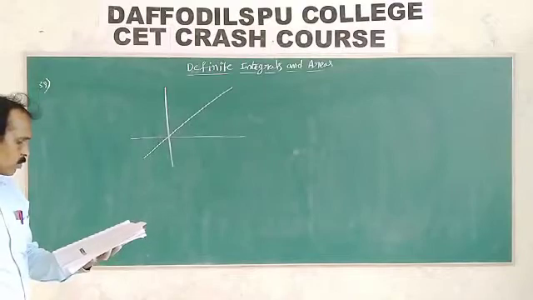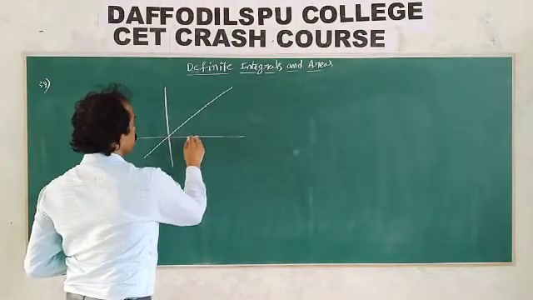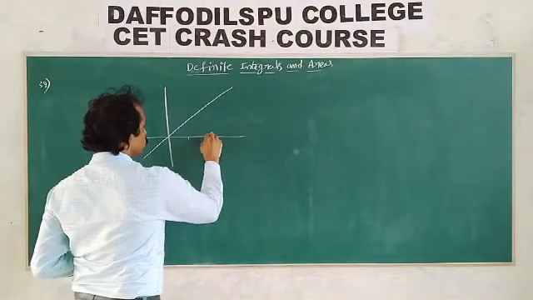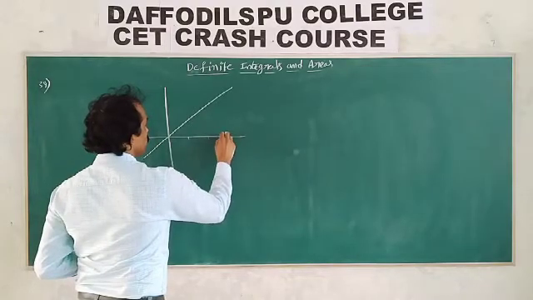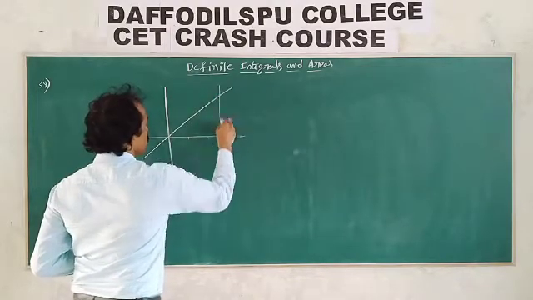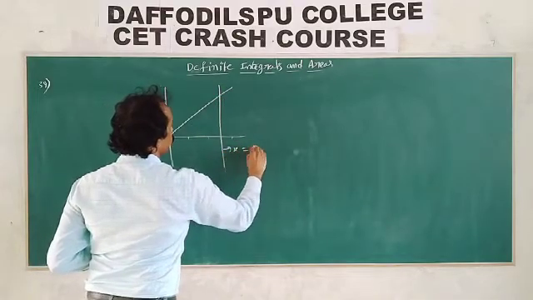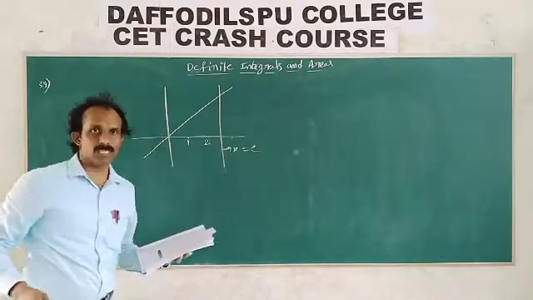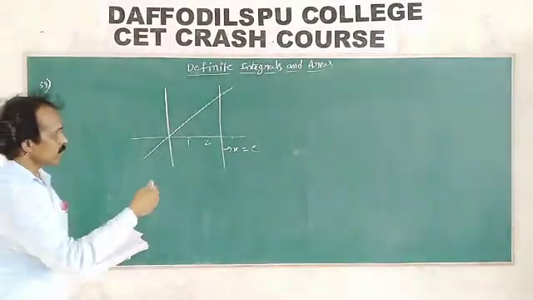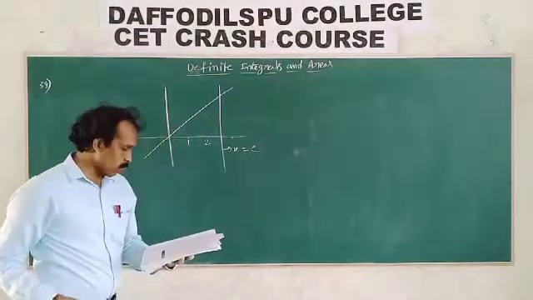Next, x is equal to e, approximately 2 point something, since this is 1, 2, 3. This is x is equal to e, parallel to the y axis.